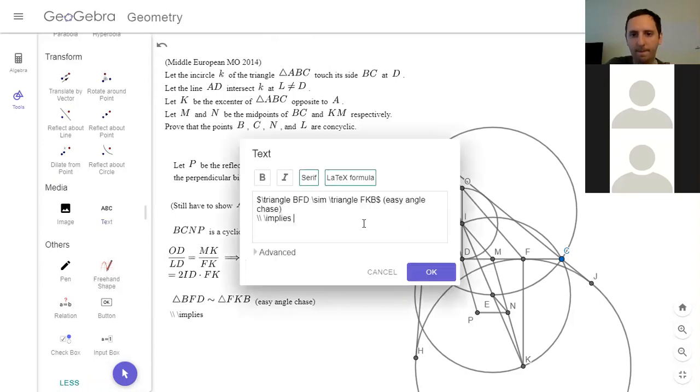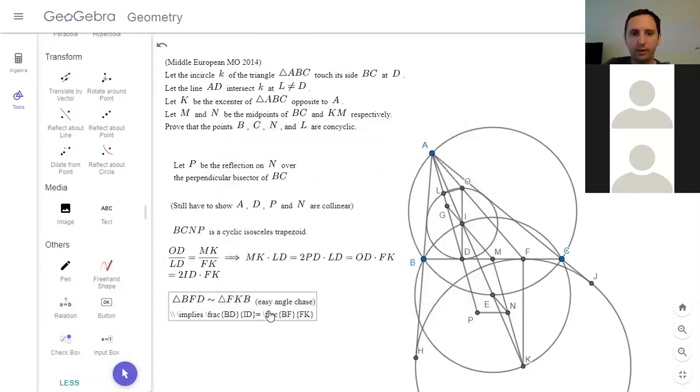BFD is not a triangle, I think you miswrote it. Oh yeah, BID should be.